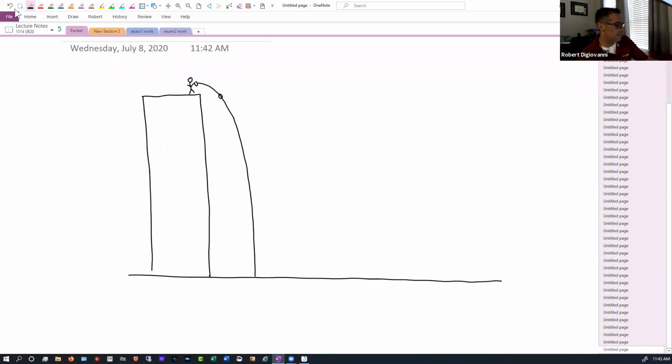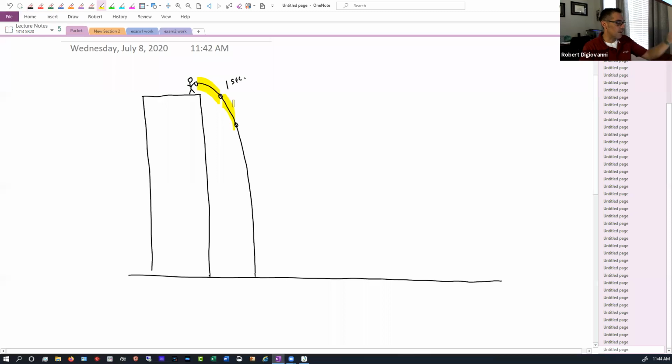So let's say I throw the ball, and let's say after 1 second, here's where it is. If I look 1 second later, the ball will not be here. In other words, the distance it traveled in the first second is not going to be the same as the distance it travels in the second second.